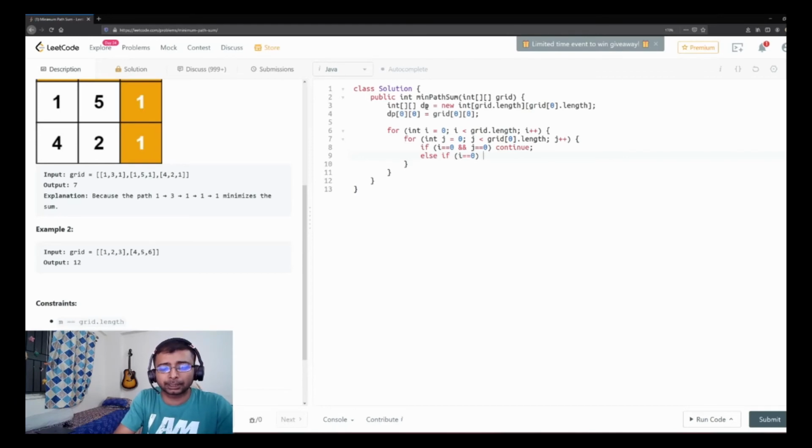So we'll just put an else if here, else if i equals 0. In that case, we are just going to look at our previous value and add the value from the current cell. So we will just check the value from the previous cell. Sorry, it would be i, right? So we'll look up dp[i][j-1] and get the value from the grid.